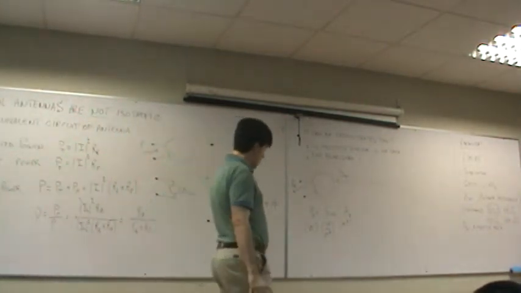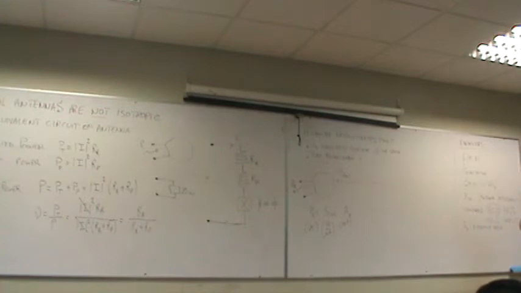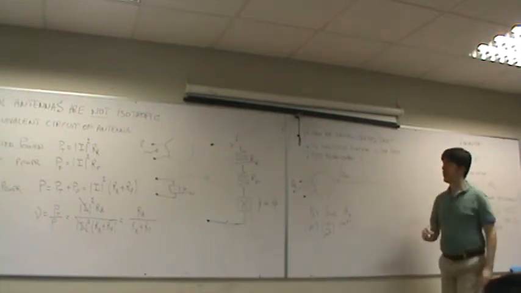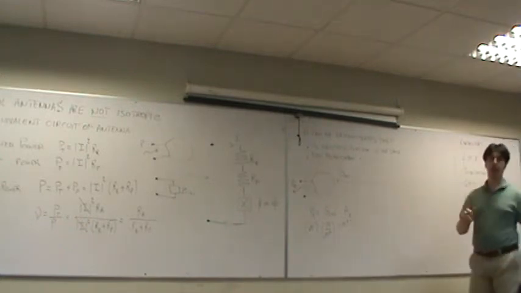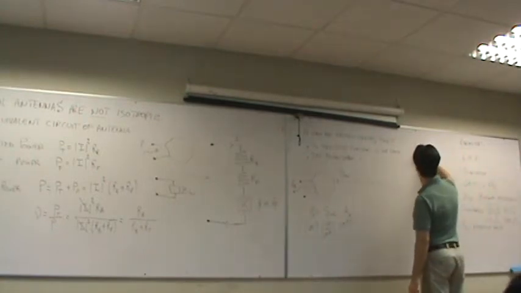Now, there is another thing that can be demonstrated, we will not demonstrate it, that for any antenna, however you build it, whichever shape or material you use to make it, there is a universal relation that always holds: gain divided by effective area.